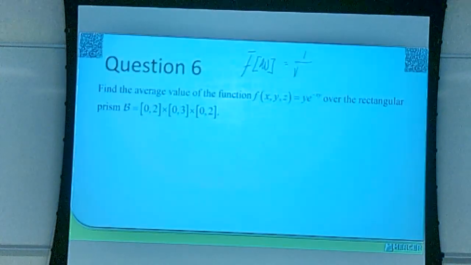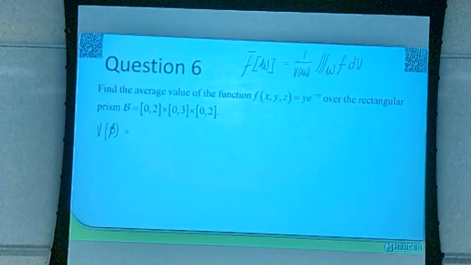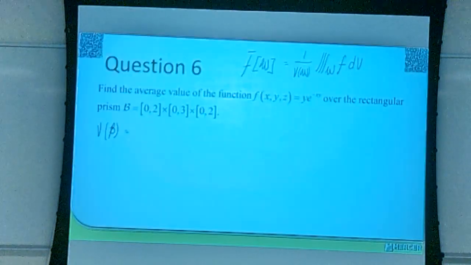The average value of a function over a solid is 1 over the volume of the solid times the integral over the solid of the function. What's the volume of our box? Yeah, I'm calling it a box. It's not really, it's a prism.